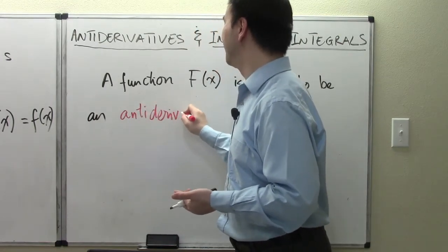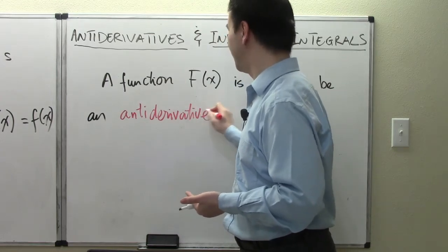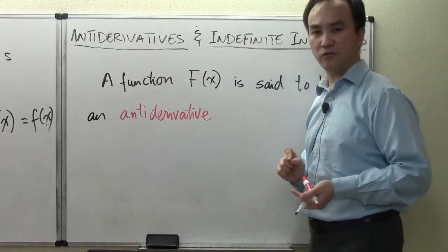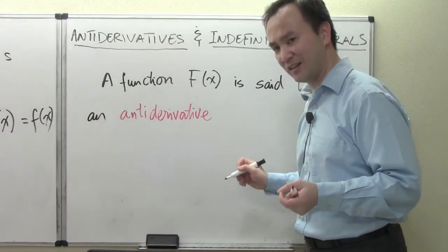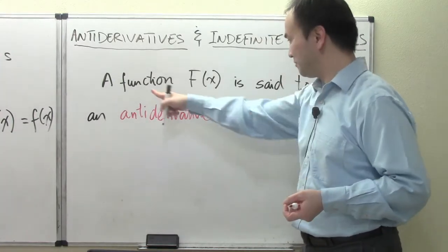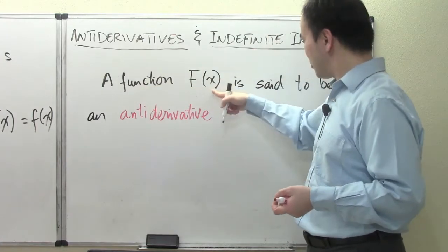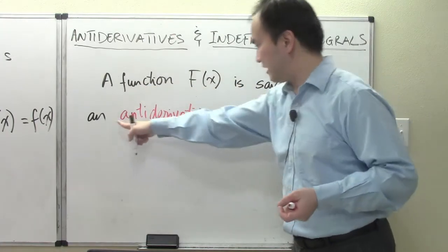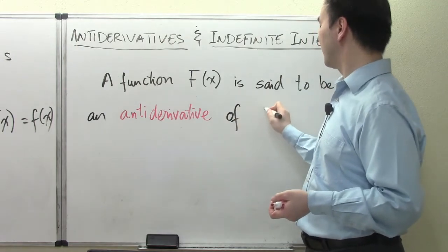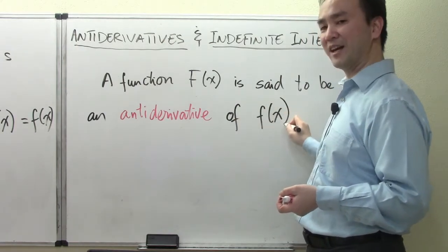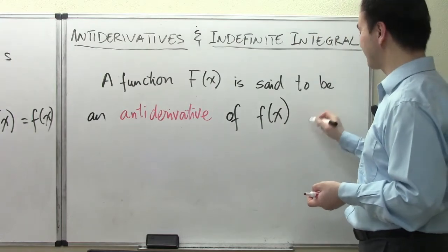Antiderivative. Okay, so that's the name right there. I'm writing that in red ink so that you can see the word clearly and it will catch your attention. So a function capital F of x is said to be an antiderivative of a lowercase f of x.